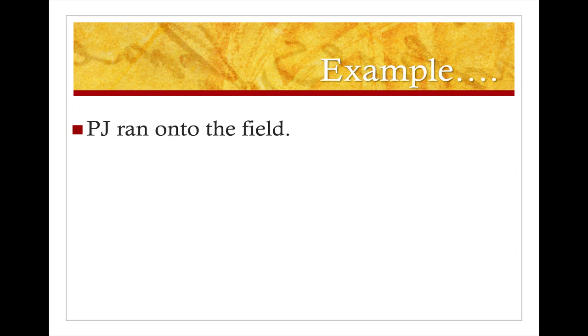Here's a simple sentence: PJ ran onto the field. That's a simple independent clause. But let's say that we want to add a little bit more information about PJ. Who is PJ? What is PJ? So we're going to add a little information. Who is our mascot? Now this is a clause.